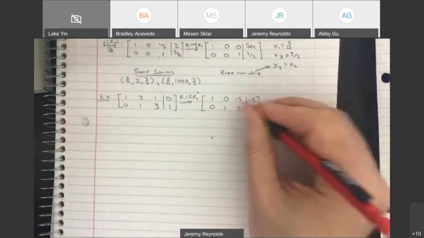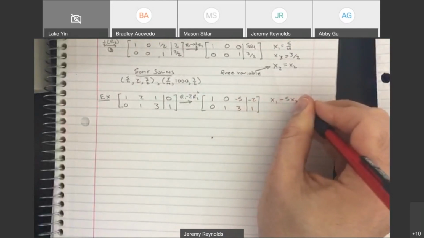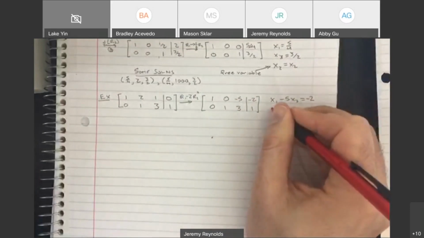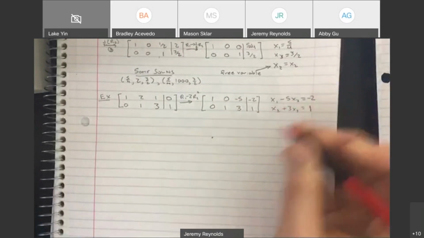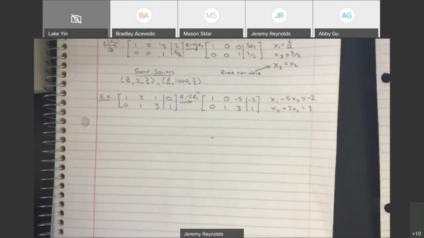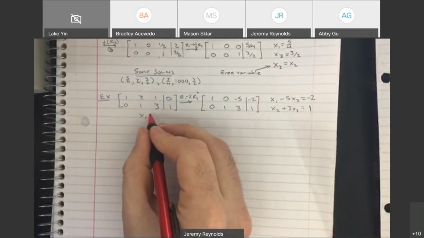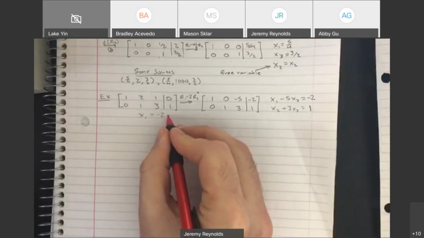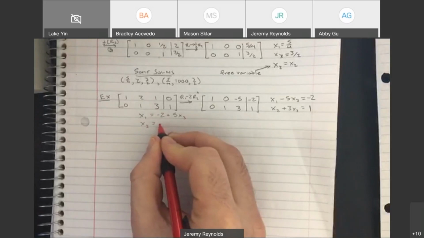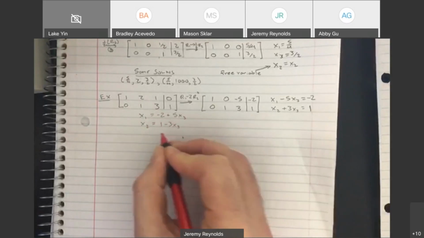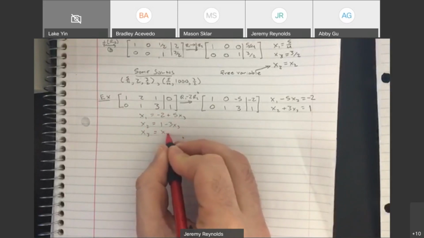So if we write these out, it's x1 minus 5x3 equals negative 2, and x2 plus 3x3 equals 1. So another way to write this is x1 equals negative 2 plus 5x3, x2 equals 1 minus 3x3, and x3 equals x3.